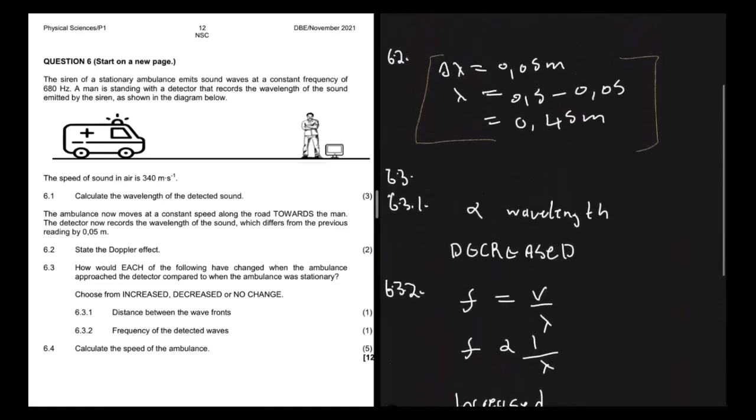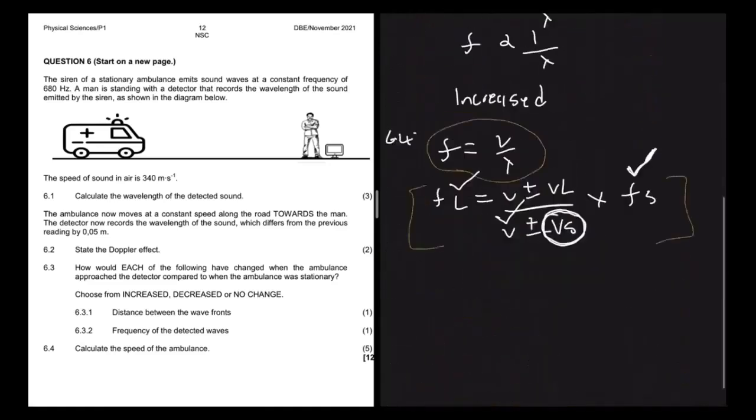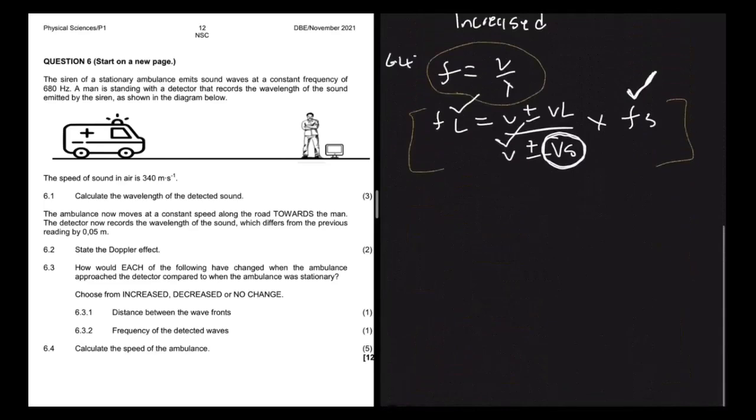Which we determined to be 0.45 meters. So we're gonna have frequency of listener equals 340 divided by 0.45, and that will be in the units of Hertz. So let's leave it like that. Let's not solve it any further. We're just gonna keep it like that.